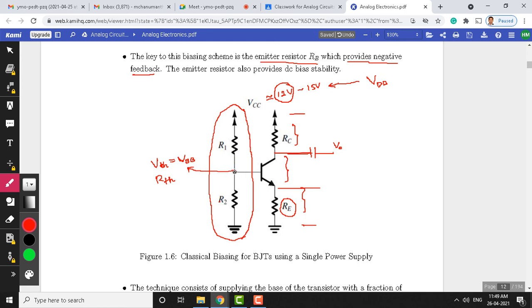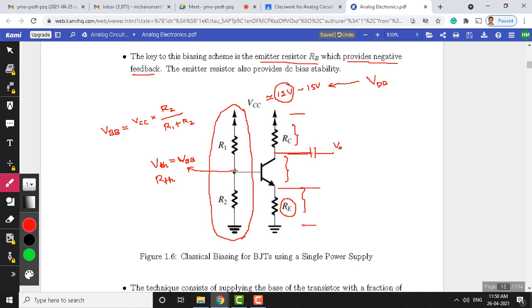VBB equals the voltage at this point, equals supply voltage VCC times the resistor value R2 divided by the sum of the resistors R1 plus R2. This is again the voltage division rule. I hope you are all familiar with the voltage division rule, when you want to find the voltage across any resistor, in this case R2.